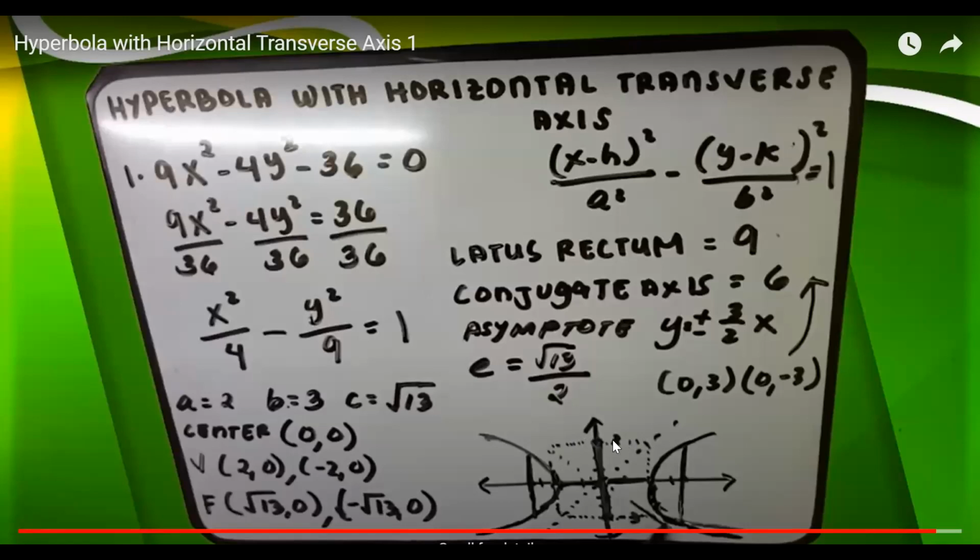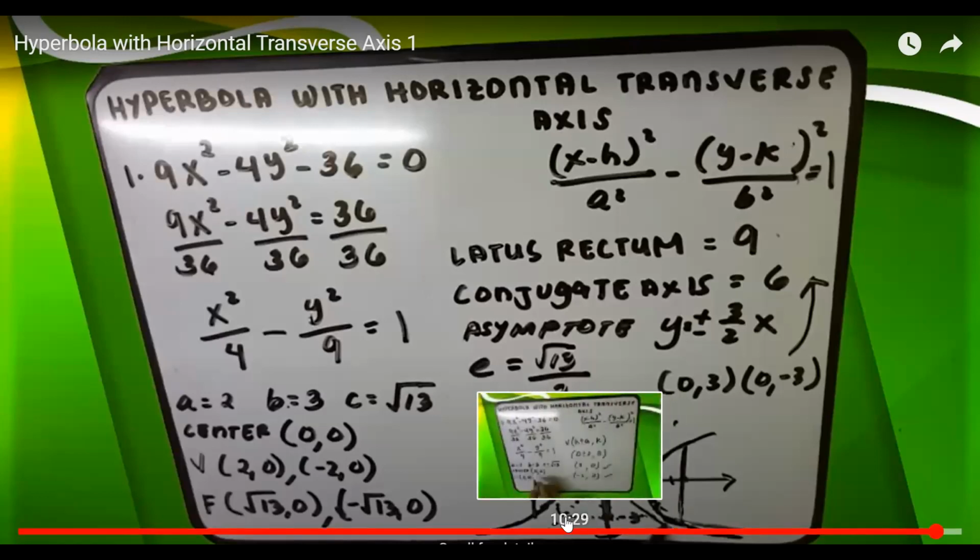So ngayon, merong intersection yan. Endpoint of the conjugate axis. So pag gumawa ka ng straight line, tatamaan niyo yung straight line dito sa vertical line naman na tumama sa vertex. So yung magiging corner niya, ito, sa part na to. Same with dito sa baba.